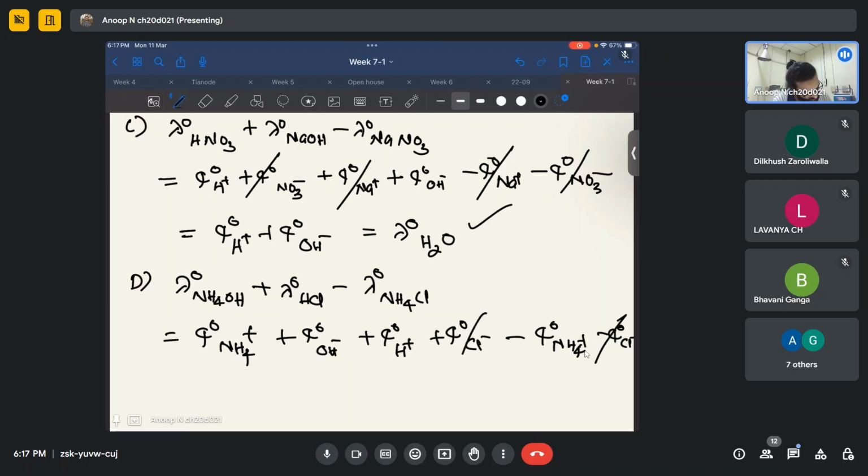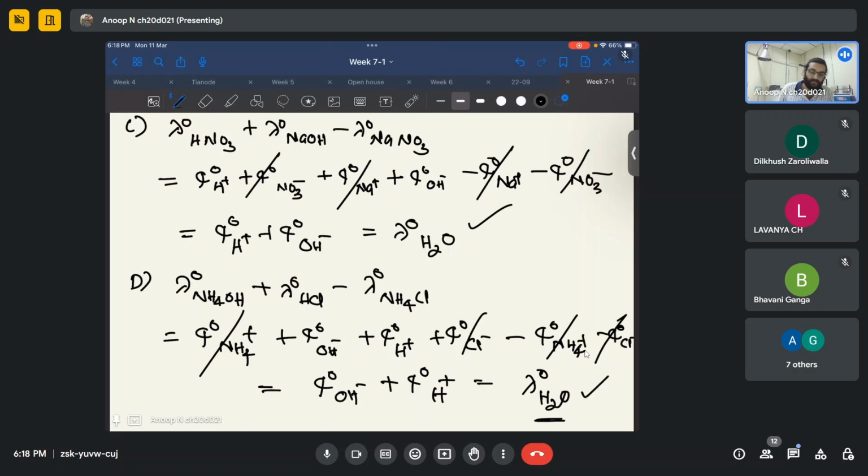So Cl minus cancels out, NH4 plus cancels out, which is equal to L0 H plus plus L0 OH minus. So this option is also correct. For a weak electrolyte, we can use a combination of strong electrolytes to calculate the equivalent conductance. So this is a similar exercise. Hope everyone understood how to write it and break it down.